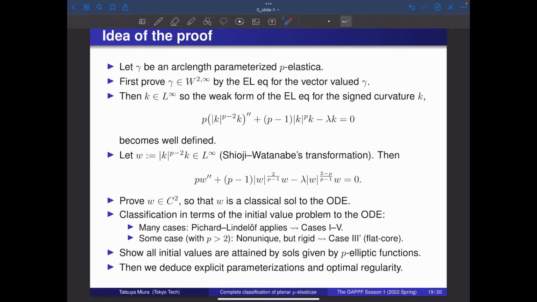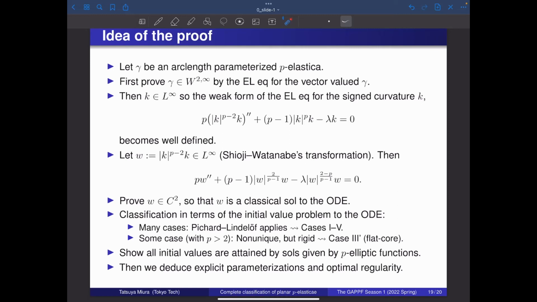Note that if the curvature is merely an L^p function, then this term doesn't make sense. So ensuring some regularity for k is important to make this weak form well defined.